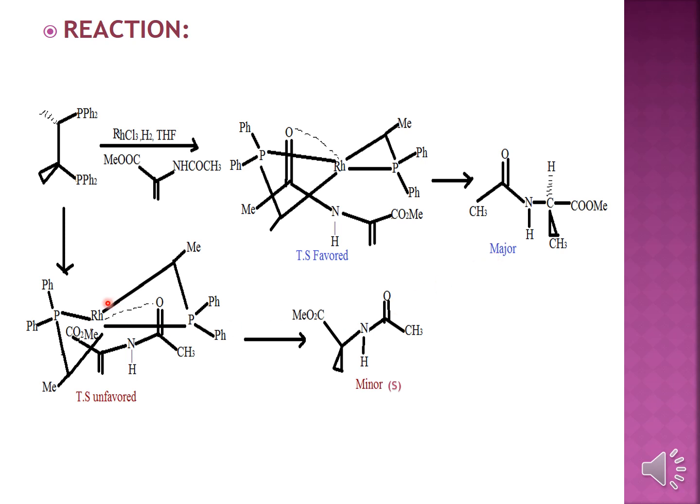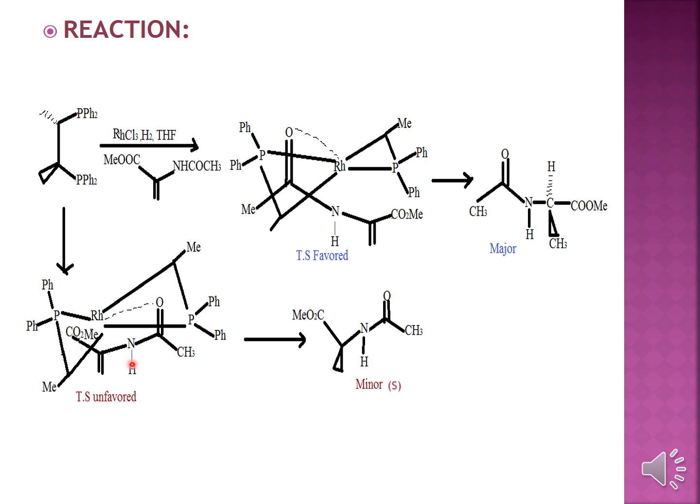Moving on, there is another possibility wherein you get the transition state unfavored. See the positions wherein the attack takes place. You will see that CO2Me faces towards the right side in the transition state favored, whereas in the transition state unfavored, it faces towards the left side.